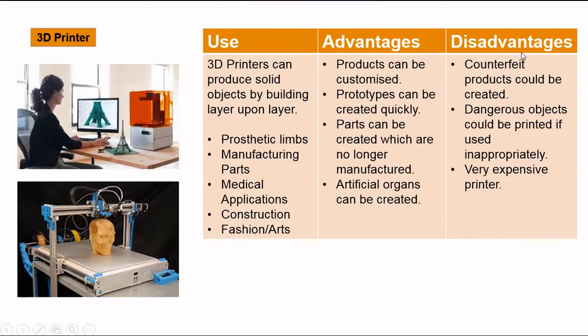What is the disadvantage of a 3D printer? Somebody could look at what product you have and another company could make the exact same product if they get the blueprint, and this can also be used to make dangerous objects like guns and so on, and this is the most expensive type of printer among all of them.